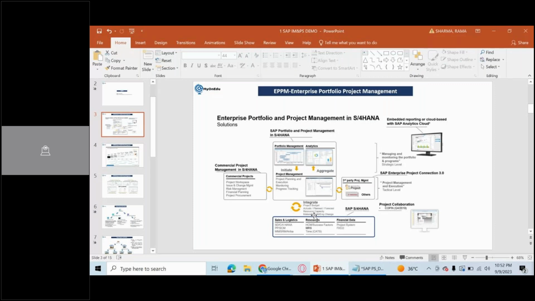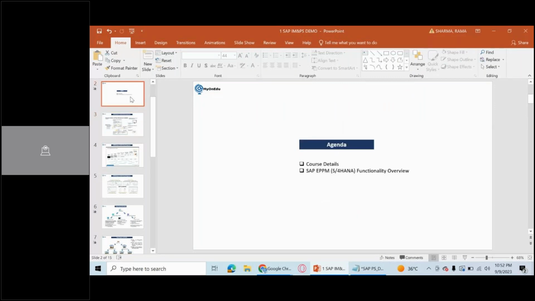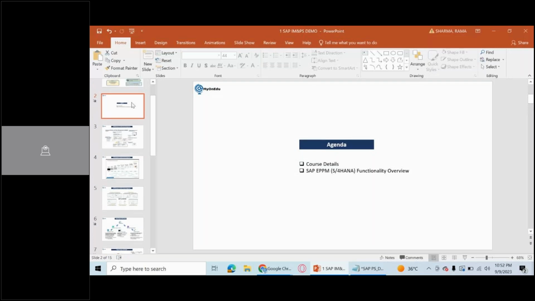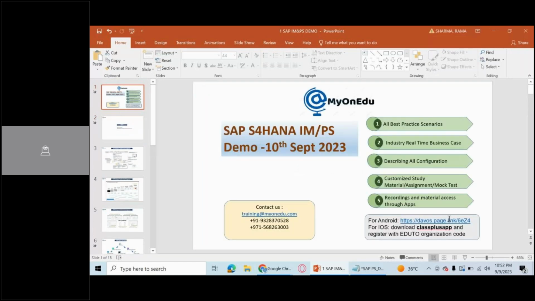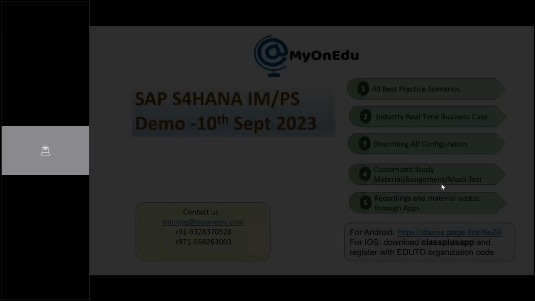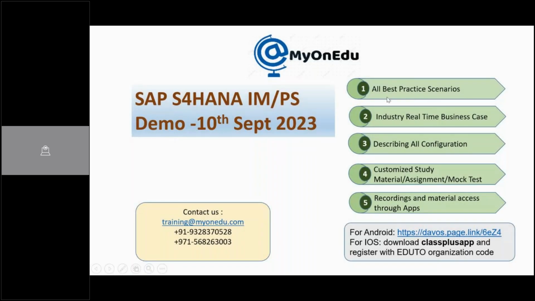Okay, so let me come back here to explain what exactly we are going to include in this course. As per my first slide, here we are going to include all the best practice scenarios within project system and investment management. Investment project, customer project, cost project, these are the major processes. We are going to explain these three, with industry real-time business cases.